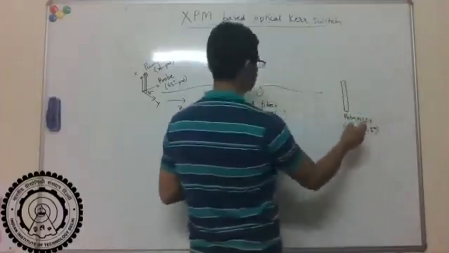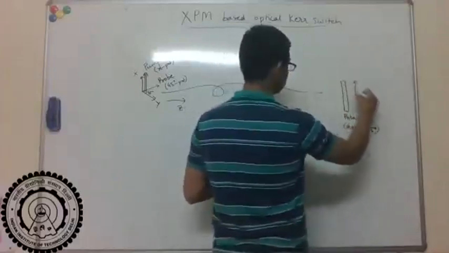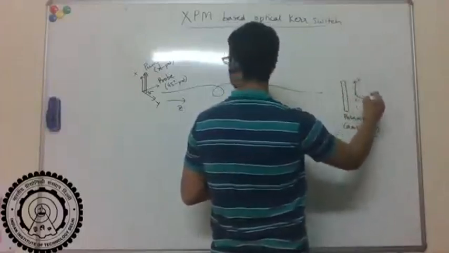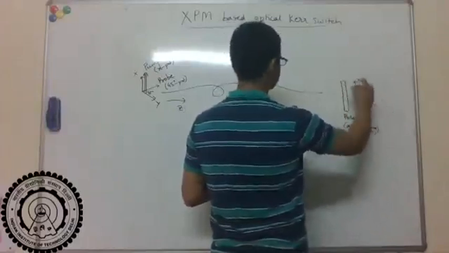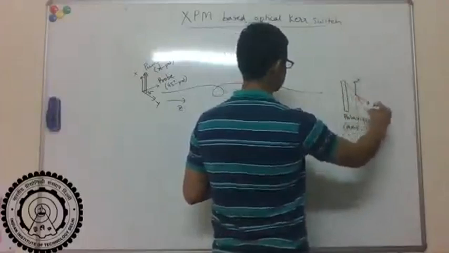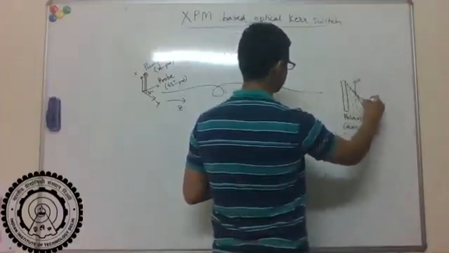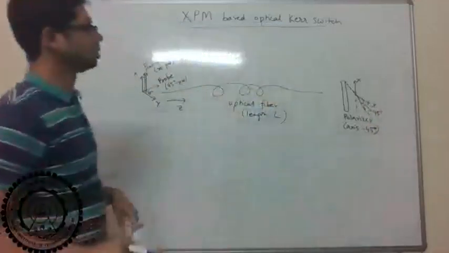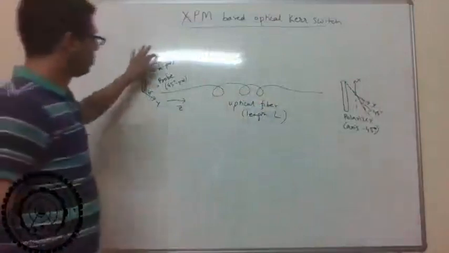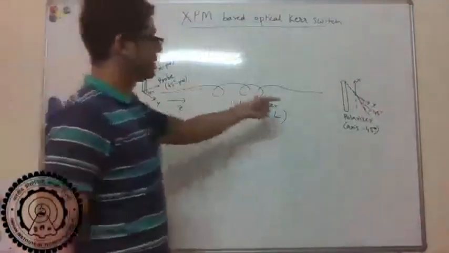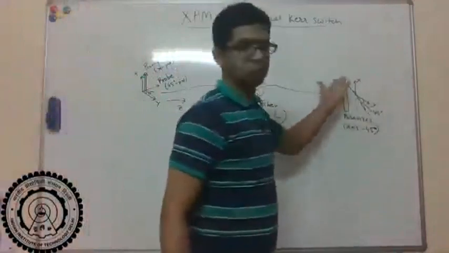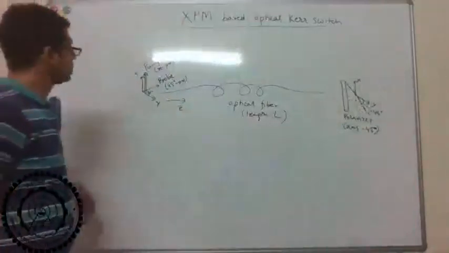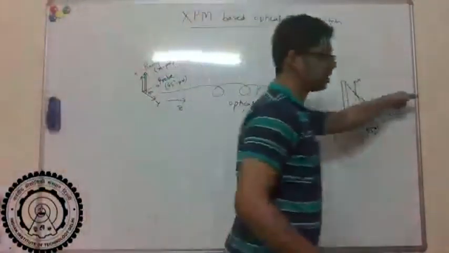I draw x and y, then the axis is this, so minus 45. So if only the probe is propagating, this polarizer will block the probe because it's only letting in polarization which is orthogonal to the probe. So in the absence of the pump, nothing gets through after the polarizer.